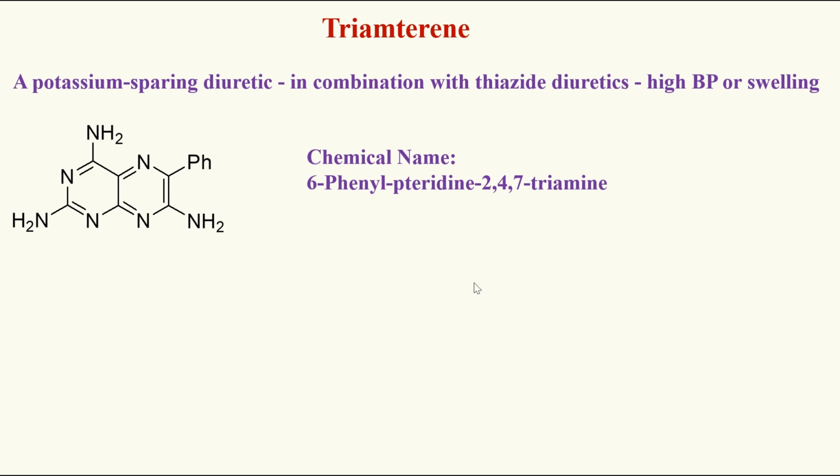Applying the retrosynthetic approach, I can cut this molecule over here. This is 2,4,6-triaminopyrimidine. I have to construct the pyrimidine ring system first, and onto this pyrimidine ring system, I should build up the structure of the pyrazine ring system.